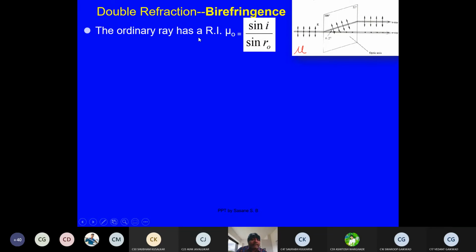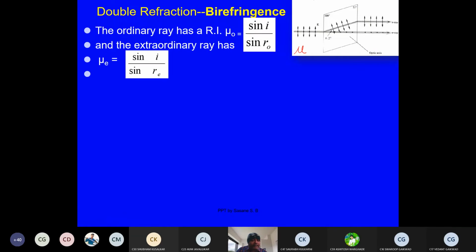The ordinary ray has a refractive index mu O equal to sin i by sin r_O, where i is the angle of incidence for the light incident on the crystal, and r_O is the angle of refraction for the ordinary ray. And the extraordinary ray has a refractive index mu E equal to sin i by sin r_E, where r_E is the angle of refraction for the extraordinary ray.